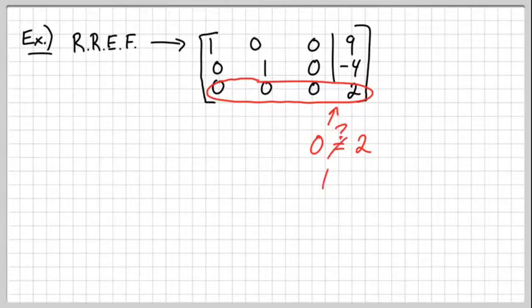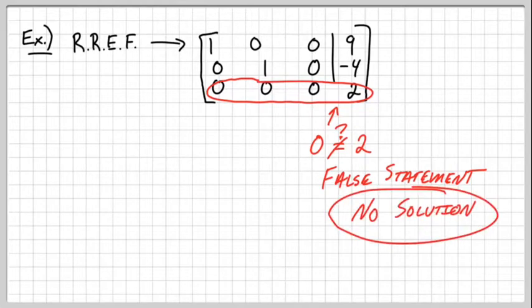And obviously that's a false statement, right? So if you get done and you notice there's a false statement, it's the same thing that you might have seen when you did elimination in the past, right? If you try to eliminate between a couple equations and you get something that comes out as a false statement, like 0 equals 2, for example, we know that this system has no solution, okay? So I did want to point out that special case within this video.